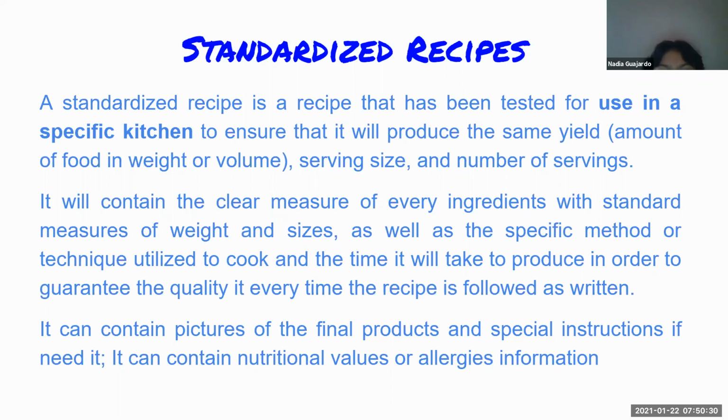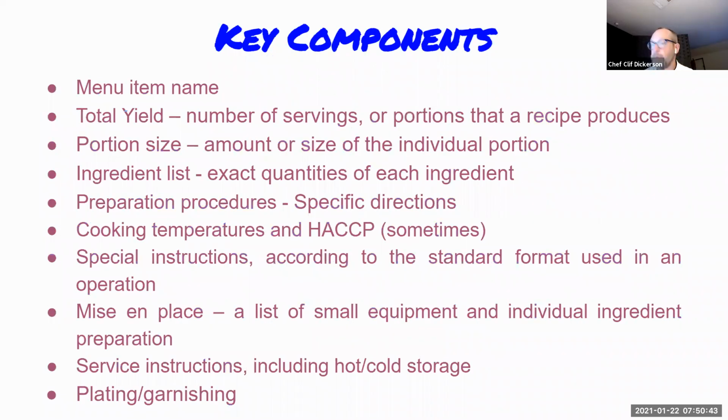It can contain pictures of the final products and special instructions if needed. It can contain nutritional values or allergy information. Yep, thank you. So it can contain all of that.